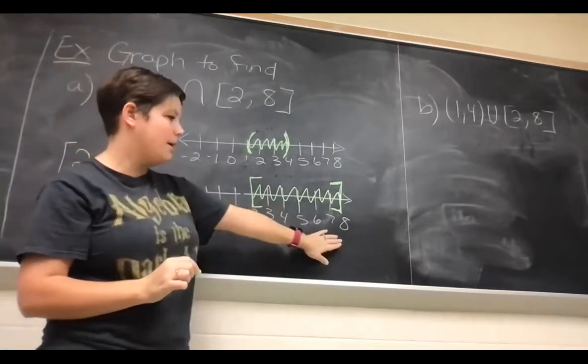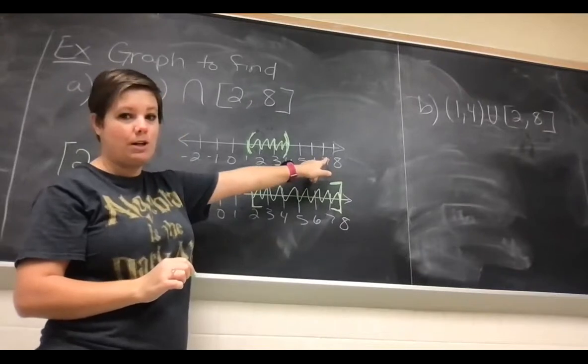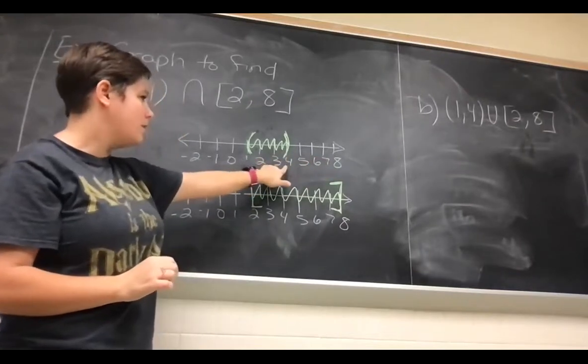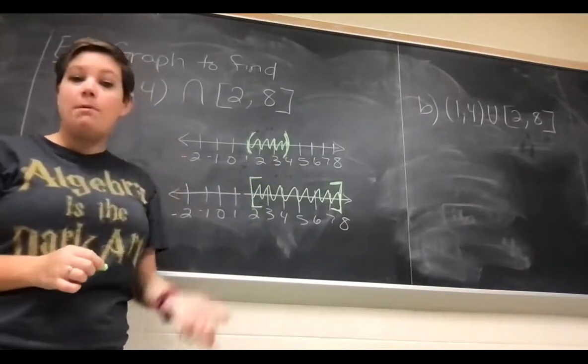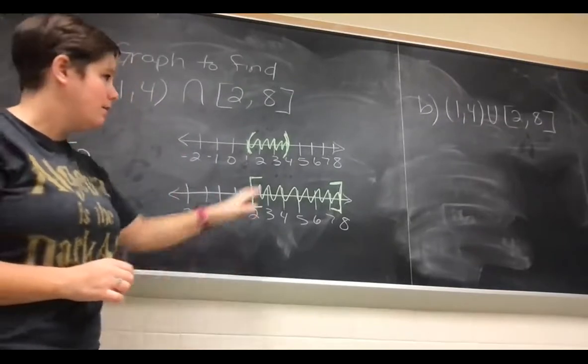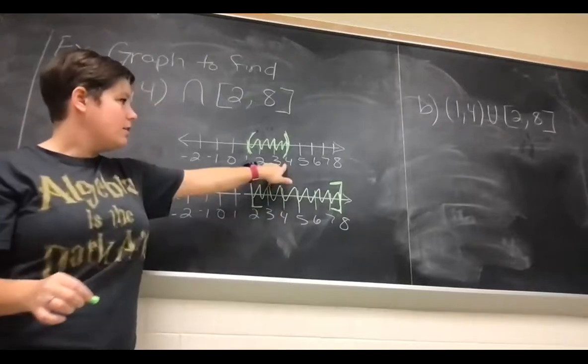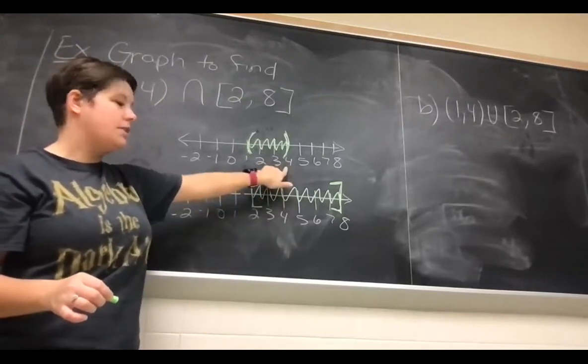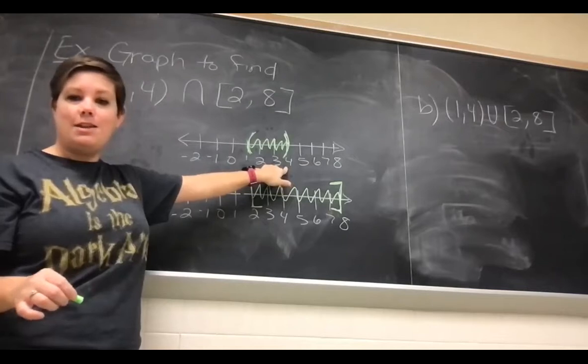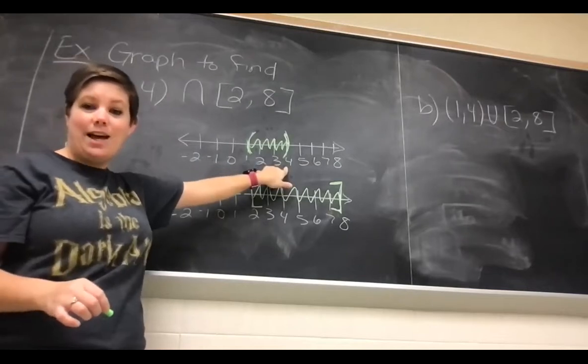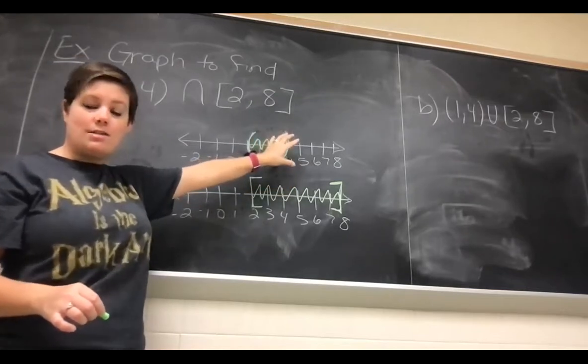My largest point on the bottom is 8, but that's not my largest point on top. My largest point on top is 4, but 4 is not included, right? 4 is not included in the top, but it's included in the bottom. If it's included in one but not the other, then you can't include it in the intersection, because that point doesn't lie in set A. Set A doesn't have point 4.